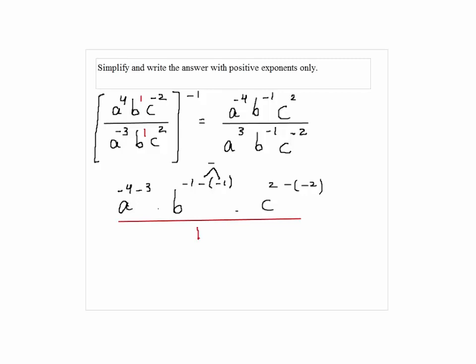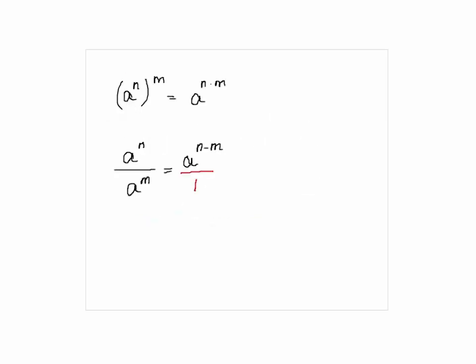So as you see here, that would be plus. So it would be minus 1 plus 1. That would be b to the power of 0. Anything to the power of 0. What is b to the power of 0 equal to?